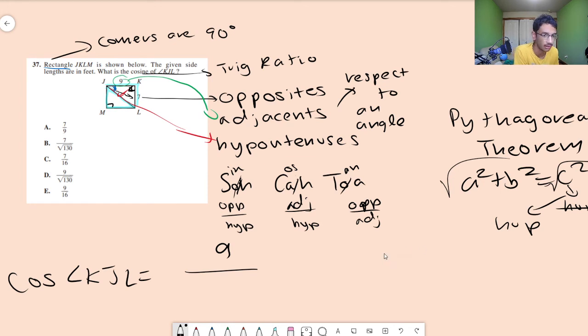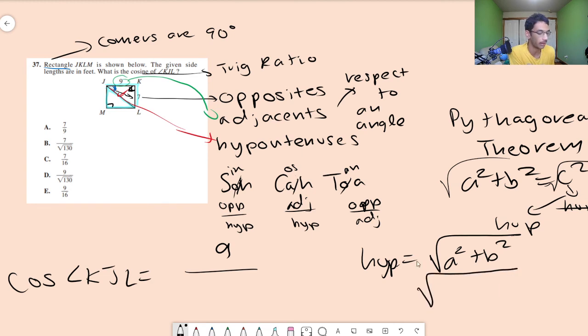So c, the hypotenuse, is equal to the square root of the quantity a squared plus b squared. Then a and b represent the legs of the right triangle. In this case, the legs of our triangle are 7 and 9, so it's going to be 7 squared plus 9 squared.